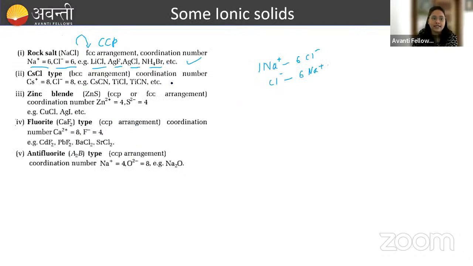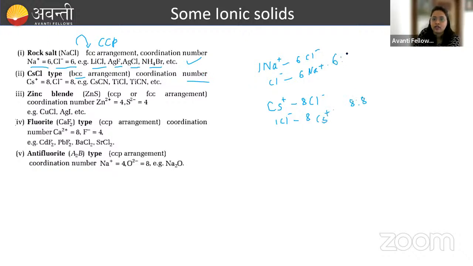Next, CsCl has a BCC type of arrangement, which has 68% packing fraction. One Cs+ ion is surrounded by 8 Cl- ions, and 1 Cl- ion is surrounded by 8 Cs+ ions. So the coordination number of CsCl is 8, that is 8:8.